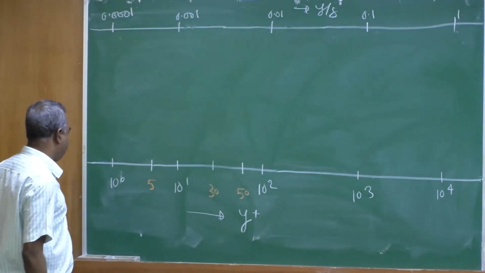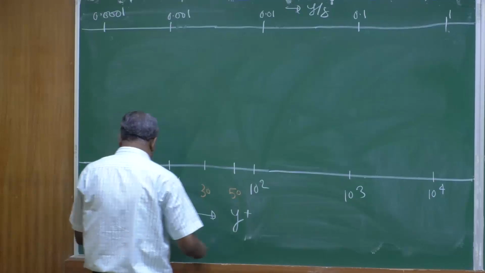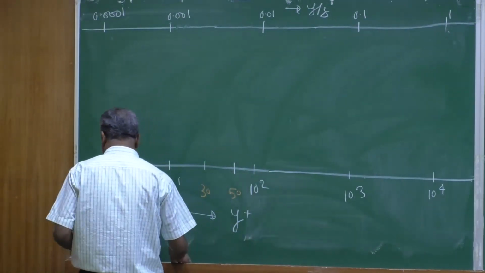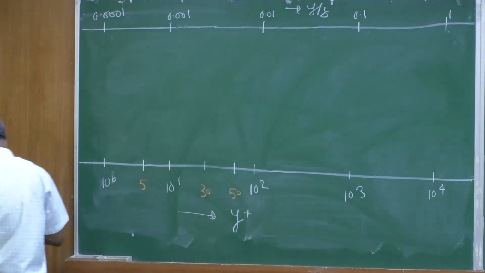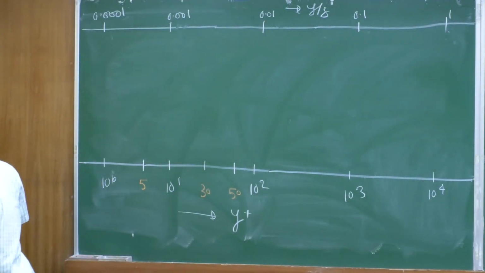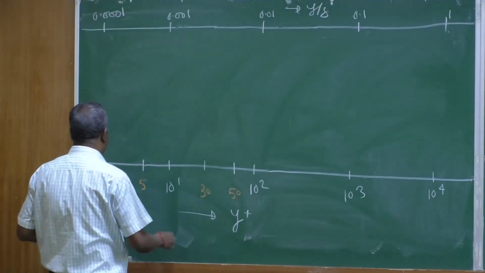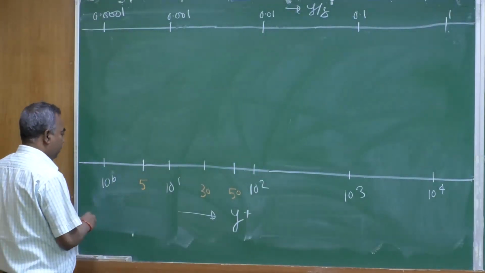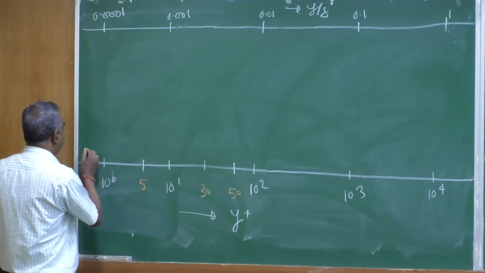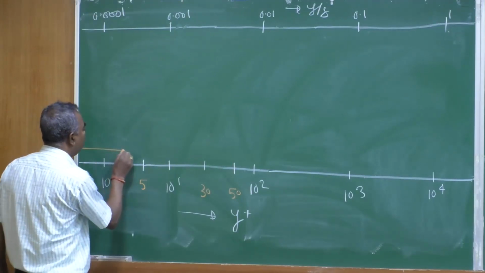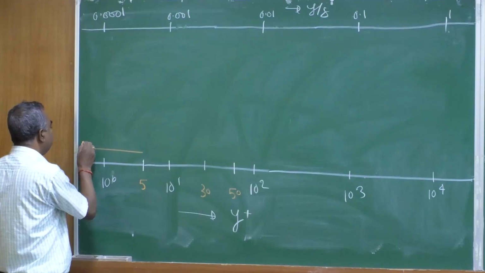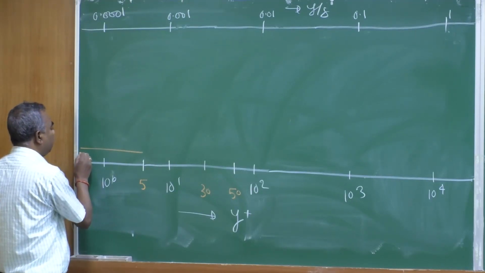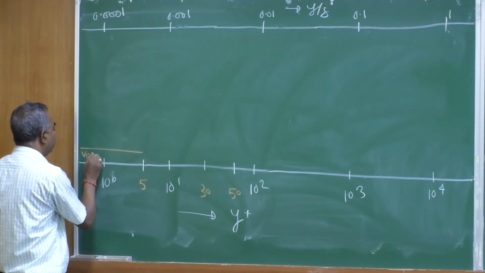Okay. Now, let us draw the various layers one by one. Let us use a different color for better presentation. So, first our viscous sublayer, which is till y plus equal to 5.